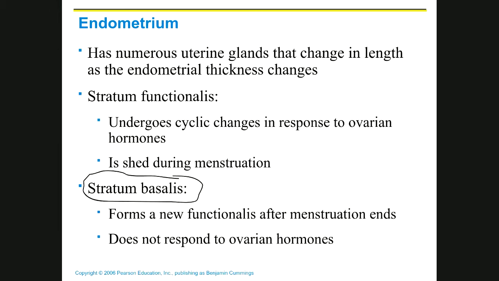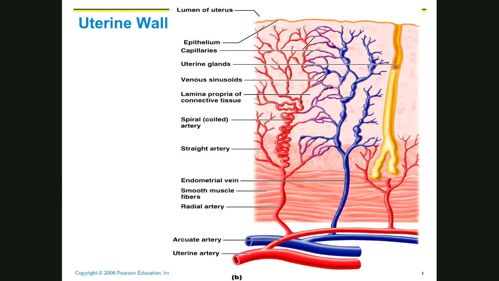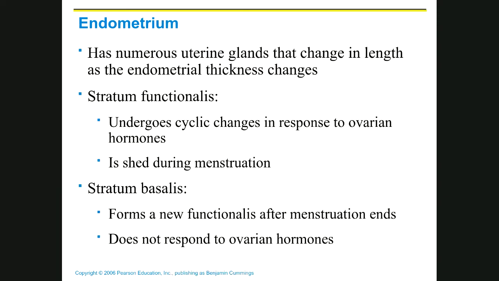Stratum basalis pretty much stays the same. It does not respond to hormones. But the layer, this one, changes dramatically. And so it's sort of called the functional layer, the stratum functionalis. And so it does respond to these hormones.